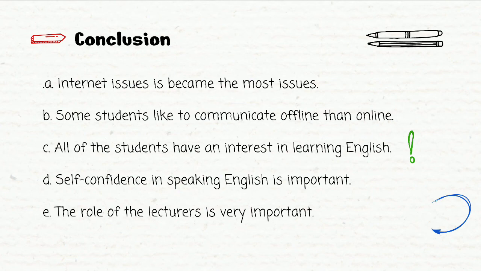Point E is the role of the lecturer is very important. The role of the teacher in the classroom is very important so that students become more active and enthusiastic. It can be done by changing teaching and learning methods and presentation because student activity is needed there.